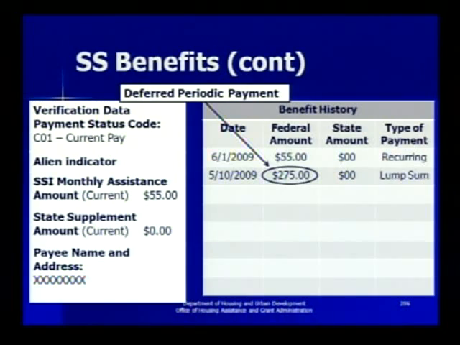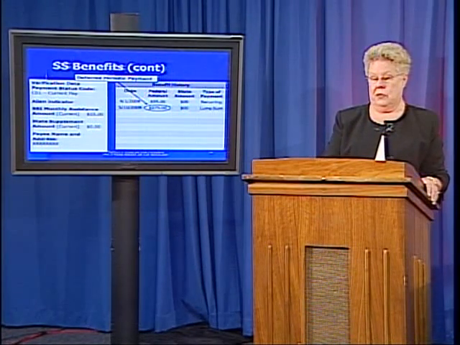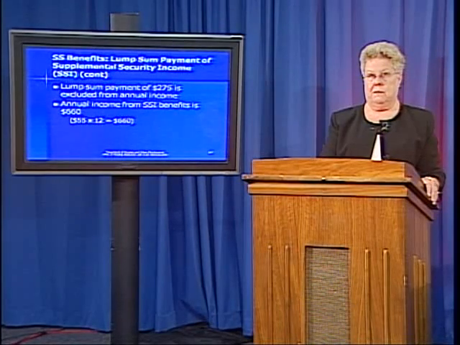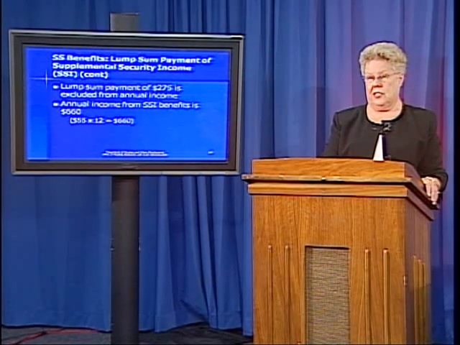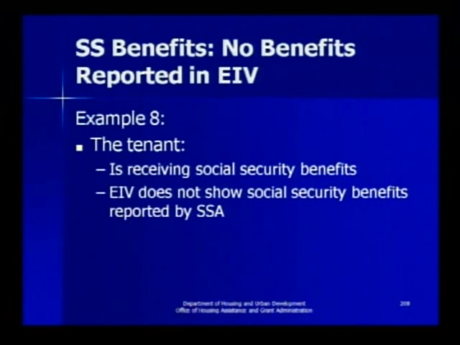So in that instance, the regulations say that the lump sum is excluded from annual income, so you wouldn't pay any attention to that $275, but you would annualize the monthly benefit and arrive, in this case, at $660.